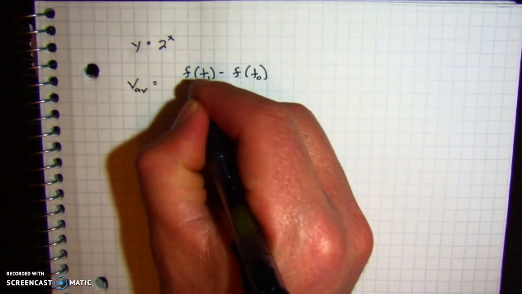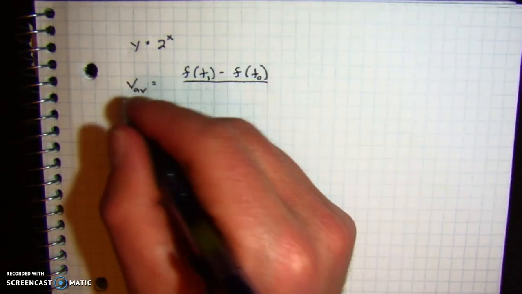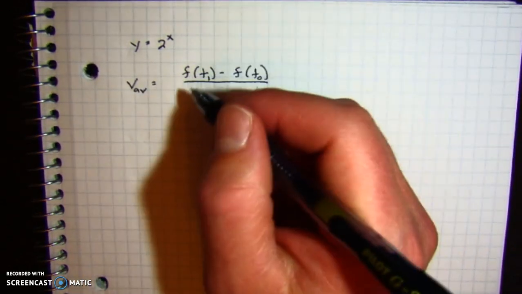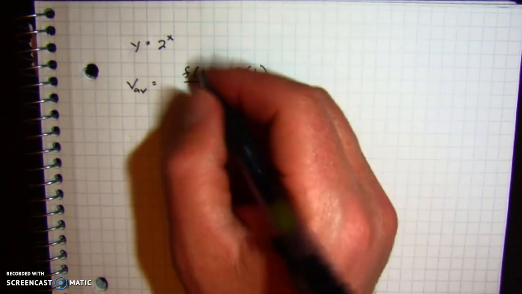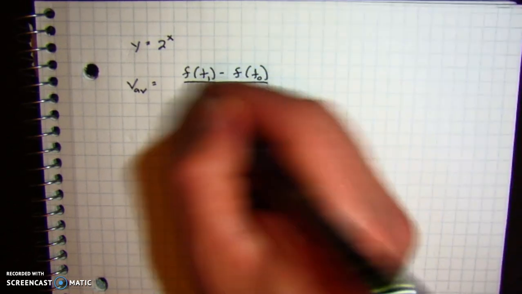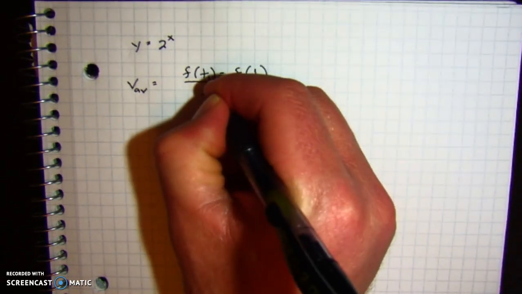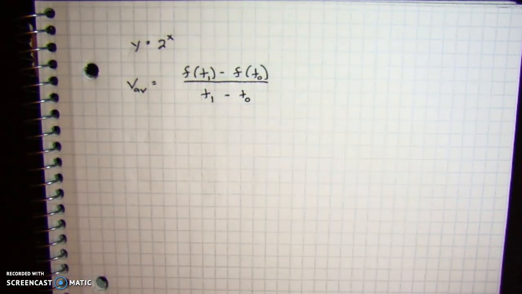So really this is just the change. In this case it'd be position because we're talking about velocities. So your change in position over your change in time. So you think about something like miles per hour, your miles over hours. But it doesn't have to be like that.